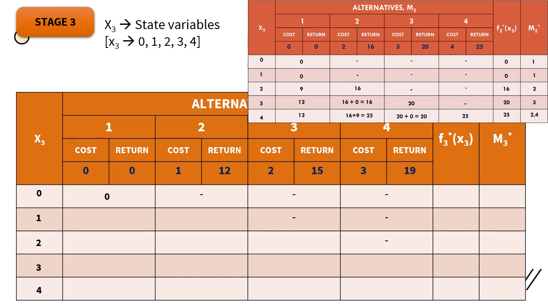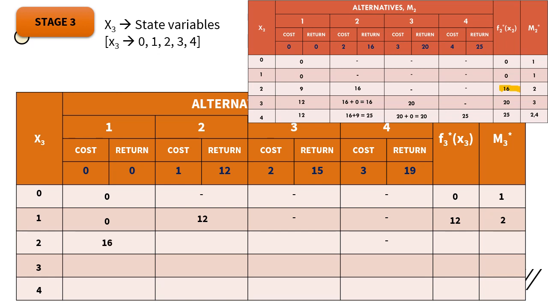So for 0 it will be 0, and my f of 3 is 0, and my alternative is 1. If I spend 1 crore in the previous table, I will get 0 as a return. If I spend 1 here, I will get 12 as a return. So the best is 12, and my best alternative is 2. If I spend 2 crores in the previous table, I will get a return of 16.